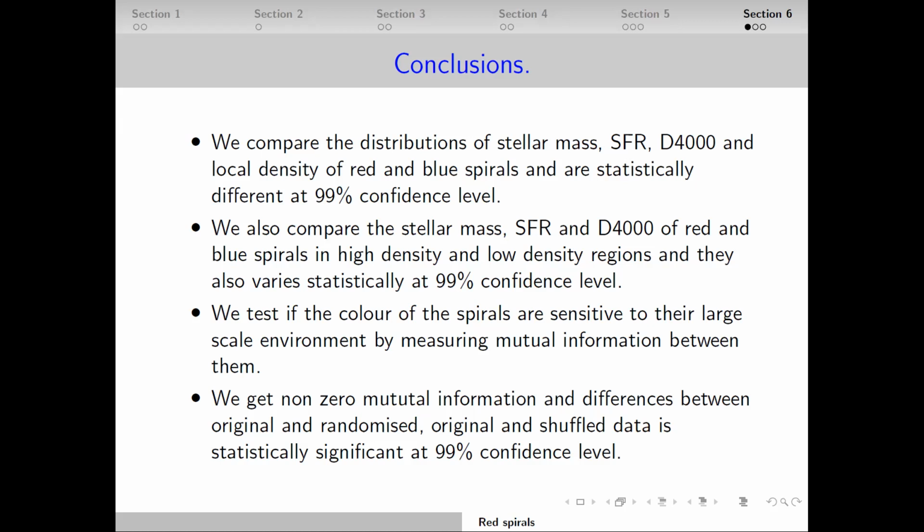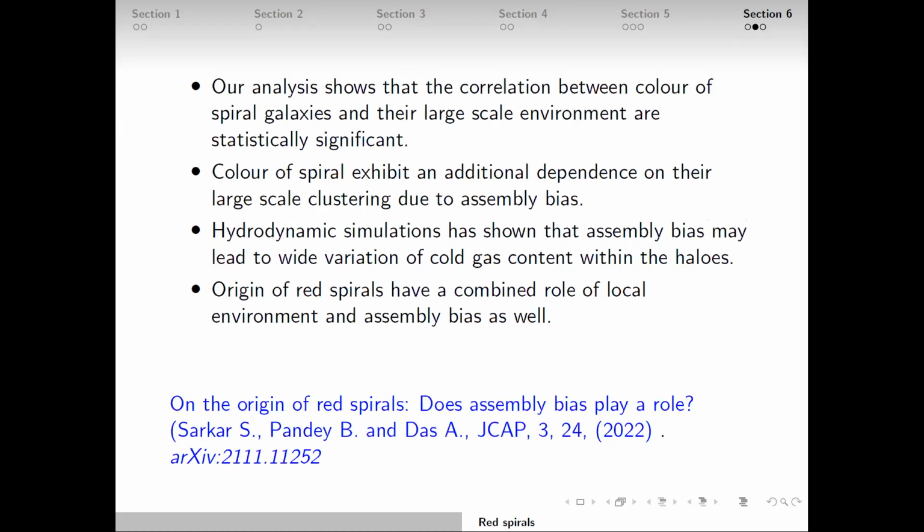We further test if the color of the spirals are sensitive to the large-scale geometric environment by measuring the mutual information between them at fixed stellar masses. We get non-zero mutual information for our original spiral distribution in the cubic region, and also the differences between the original distribution and the distribution in which the color of the spirals are randomly tagged, and the differences between the original and the distribution in which the cubic boxes are randomly shuffled followed by random rotation is statistically significant at 99% confidence level.